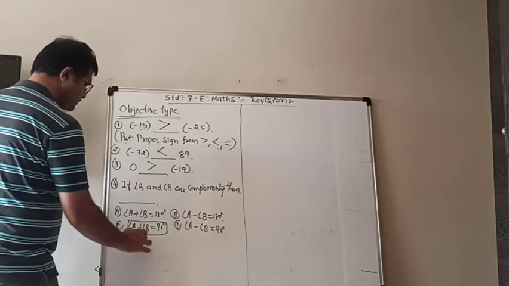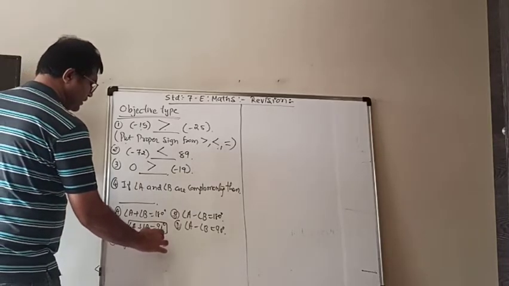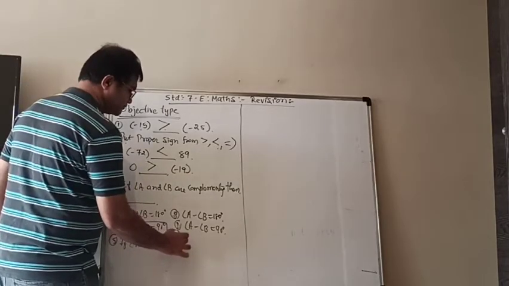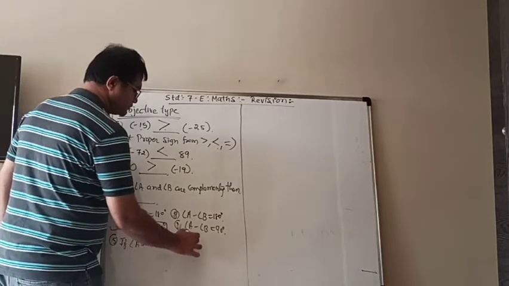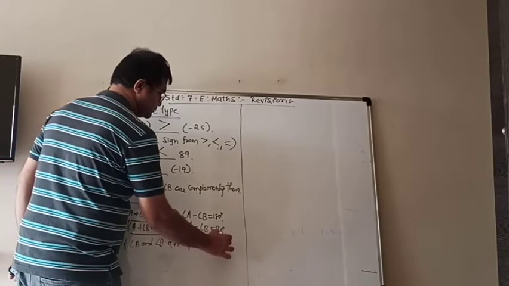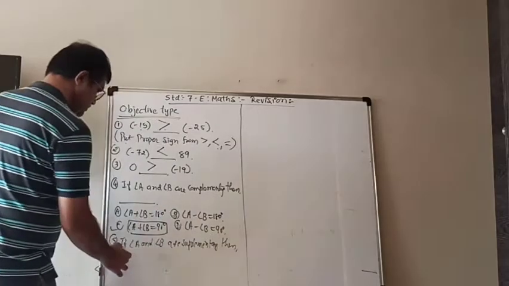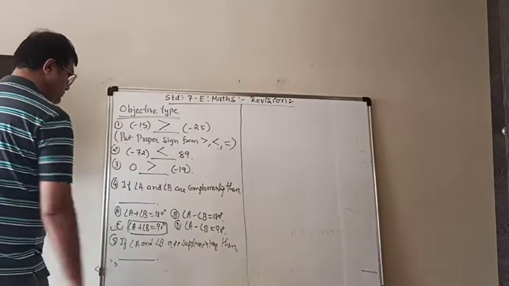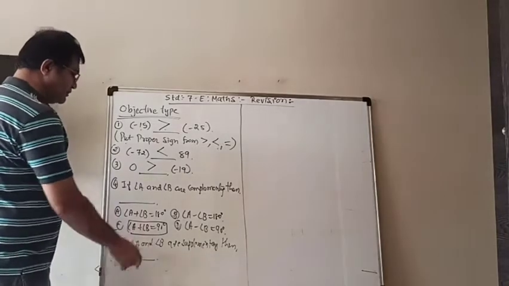If angle A and angle B are supplementary, then blank. Same options as above. Then what will be the answer?